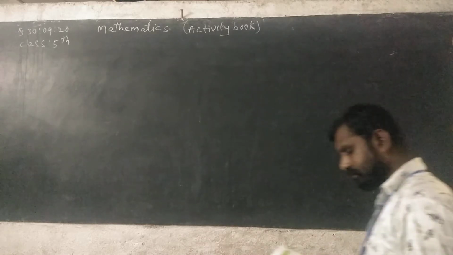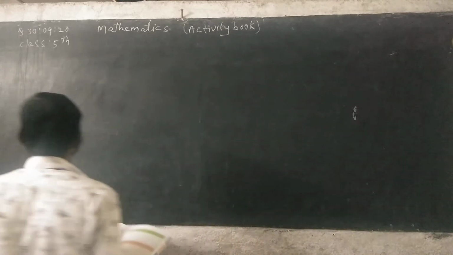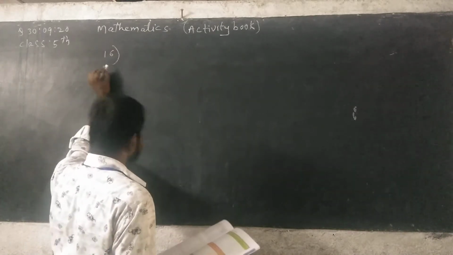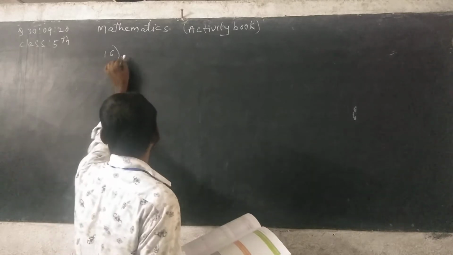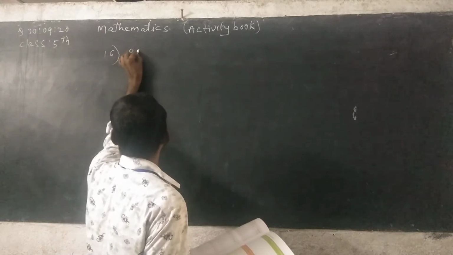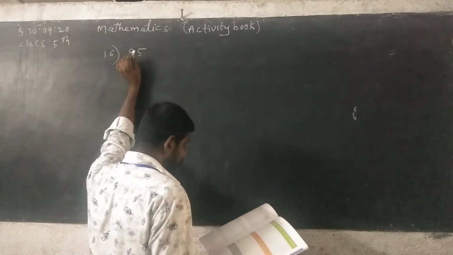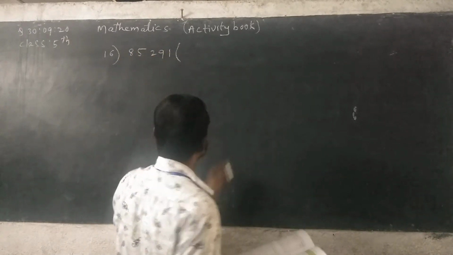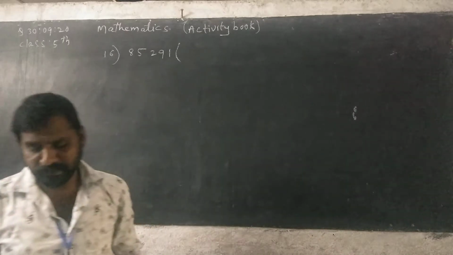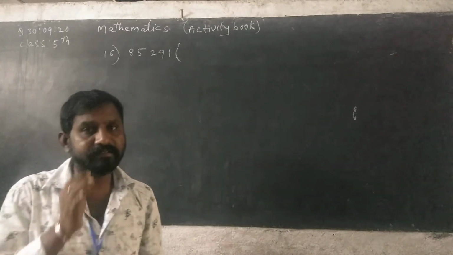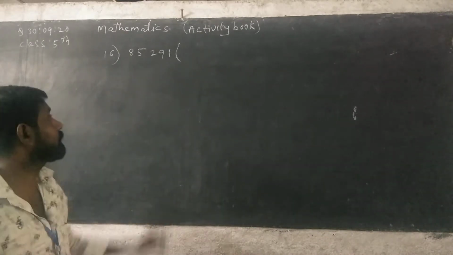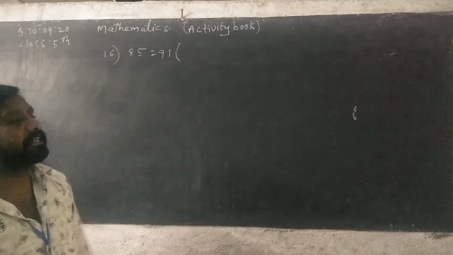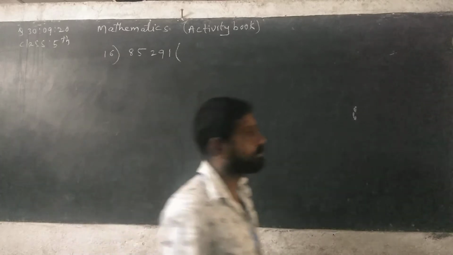See here, 85,291 is taken as the dividend and 16 is taken as the divisor.